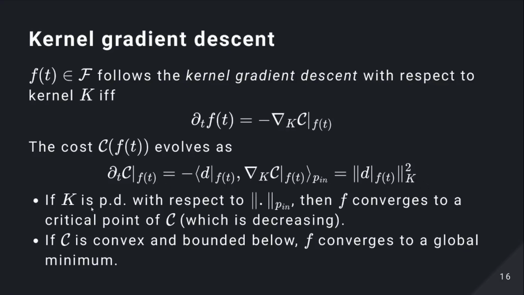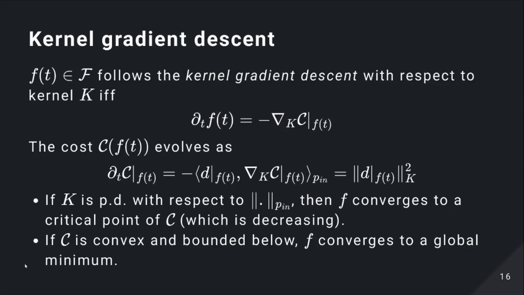So if k is positive definite with respect to my input distribution, then I get for sure that f will converge to some critical point of c, a critical point being just some point where the derivative is zero. So we're guaranteed to decrease to some point where the derivative is zero.